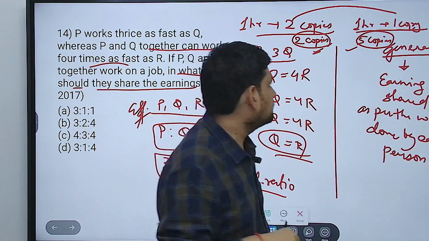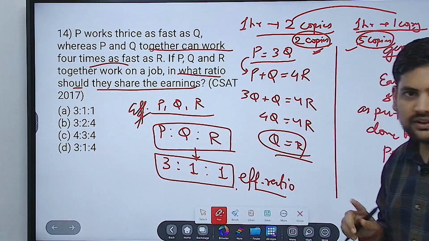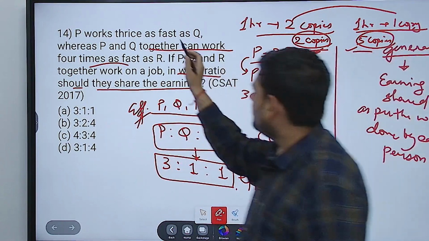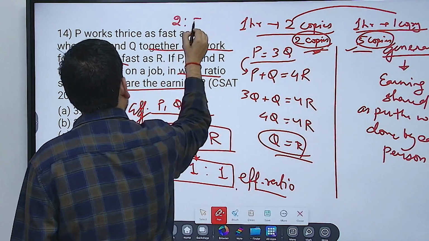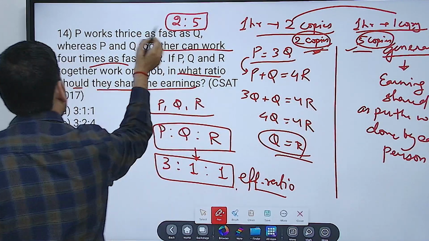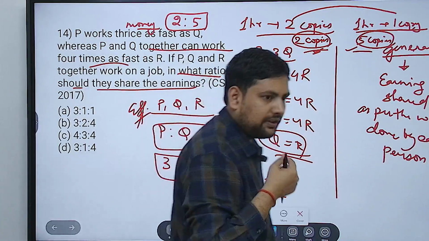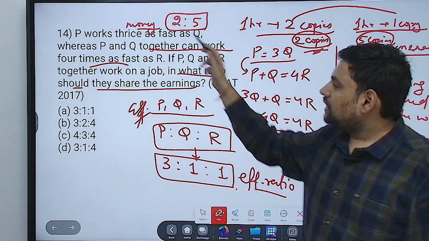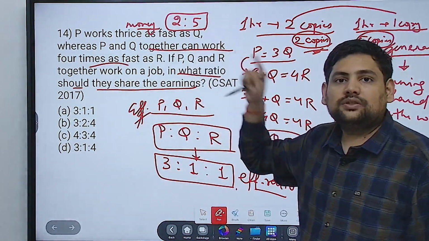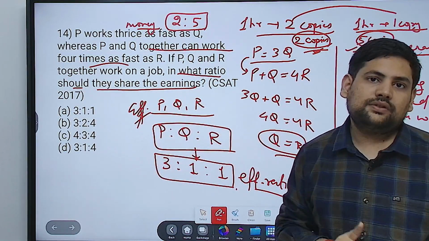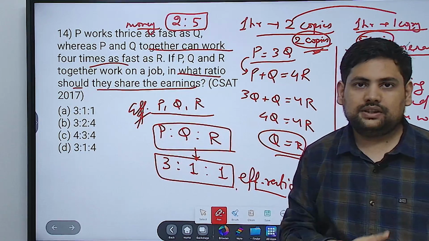Correct? Now, understanding this is important, that is, the share is always divided 2:5. The division of money will be 2:5. Why 2:5? Because that is the amount of work we have done. So it is always based on the work that a person does, not on the efficiency.